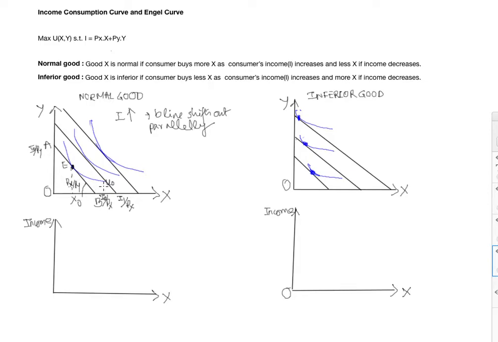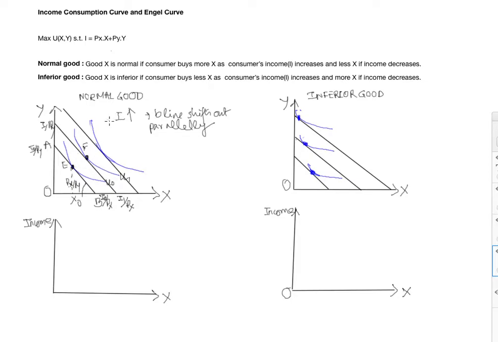No change in slope. If the price ratio does not change, the slope will not change. But if income changes, the budget line will shift out. So this budget line corresponds to a higher level of income I1, and here the equilibrium is obtained at point F for a higher indifference curve U1.